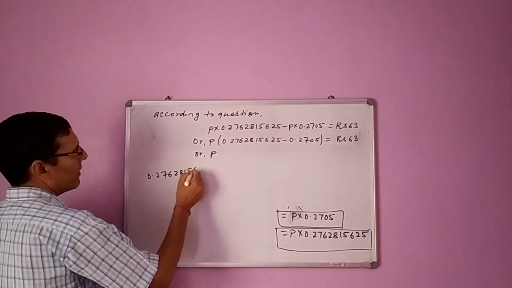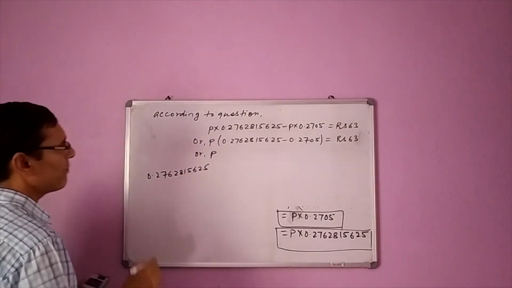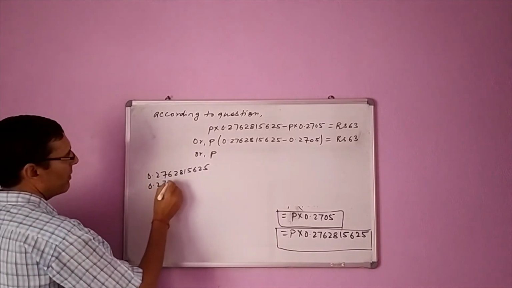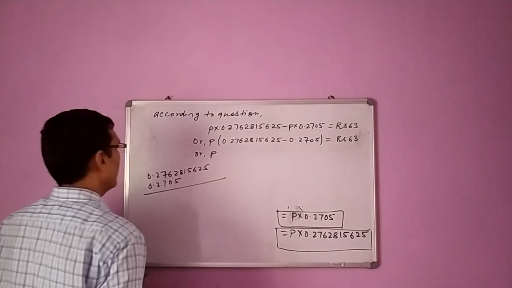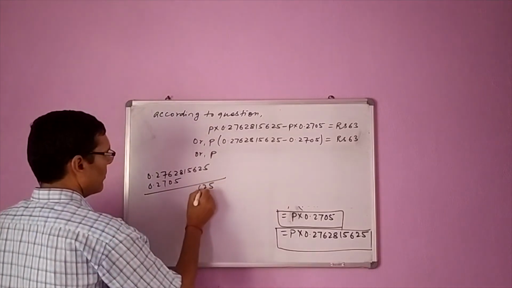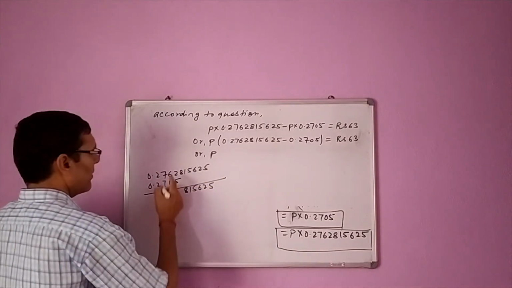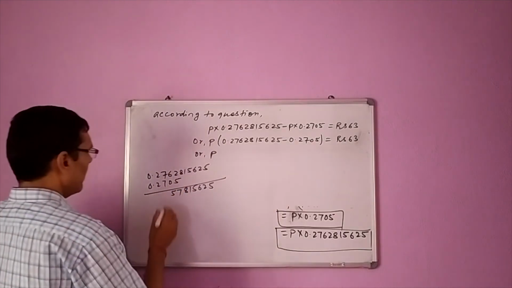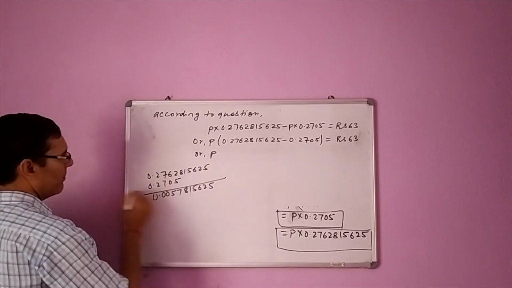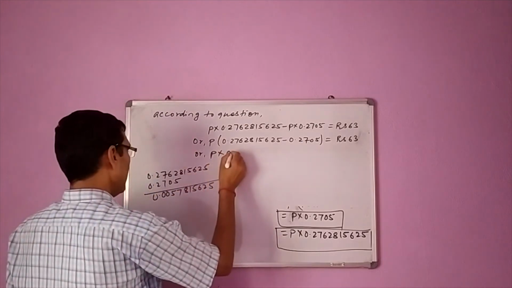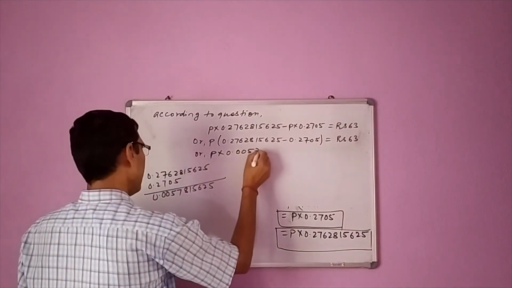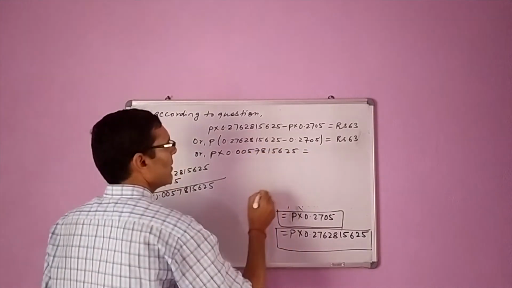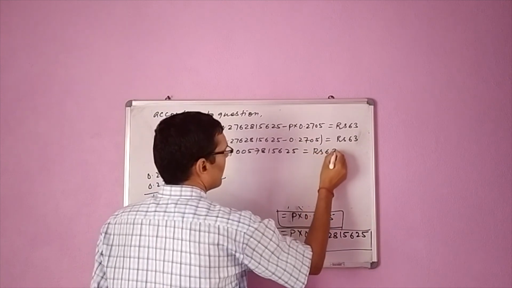I am showing the difference here. So 0.0057815625 is equal to rupees 63.